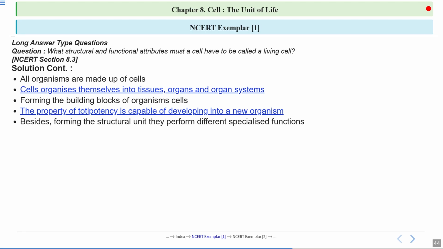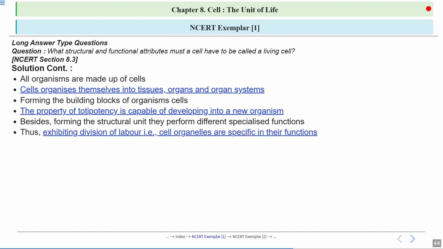Now, besides forming the structural unit, they perform different specialized functions as well, thus exhibiting division of labor, that is, cells and cell organelles are specified in their functions. Division of labor means a particular cell is performing a particular function. At the cell level, you have neurons which perform specific functions, and RBCs which perform specific functions.